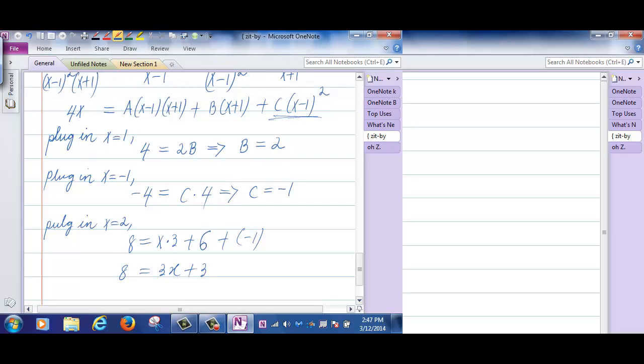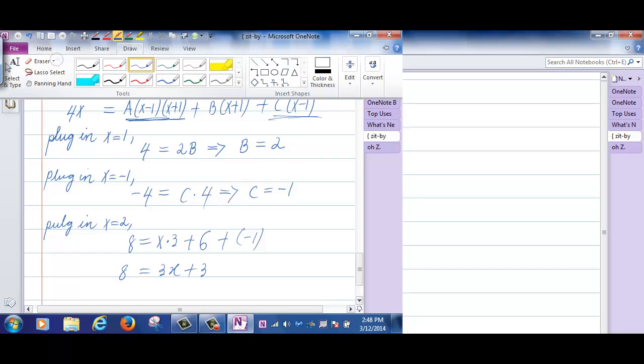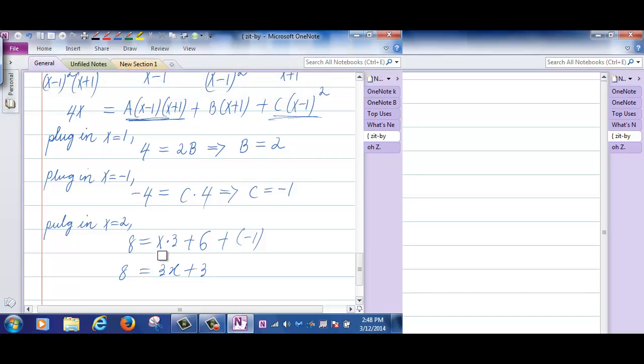Why does it sit for x right here? Oh, if you plug in x to be 2 right here, then you get a times 2 minus 1 times 2 plus 1, which is 3 times 1. So you get 3a. Oh, this is a, yes. Thank you again. Okay, and this will be a.